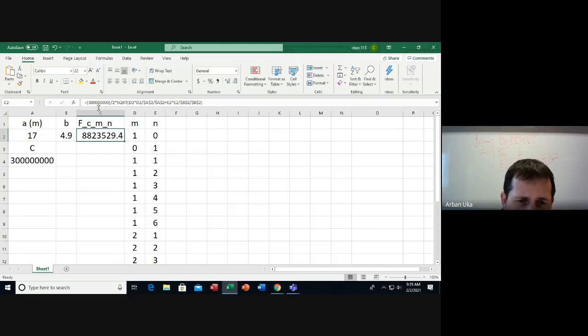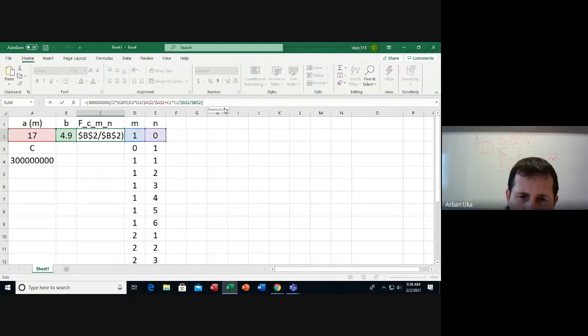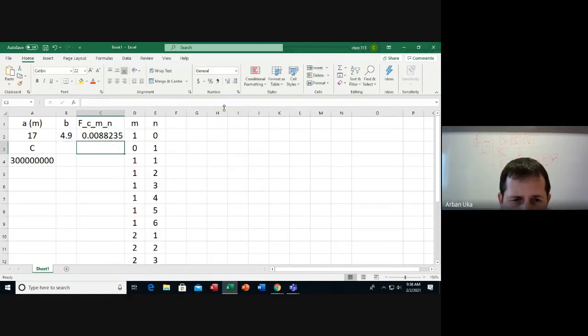So apparently we get here, and let's divide this whole expression by 1 times e to the power 9. So is this correct? Wait a second, try to divide this one by e to the power 9.